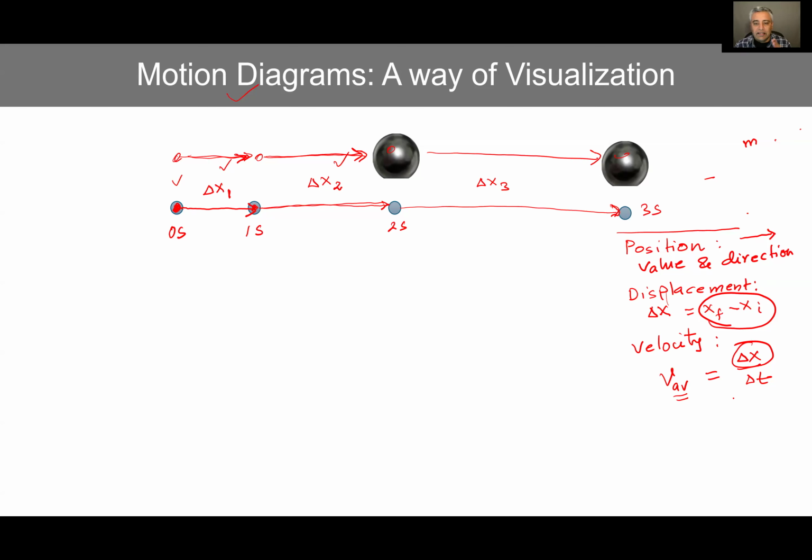If it just keeps moving in the same direction, distance and displacement are the same. So in this case, if displacement is too much for you, you can also think in terms of distance because it's moving in the same direction. So distance is increasing. It's traveling more and more distance. The value of displacement is getting bigger and bigger.